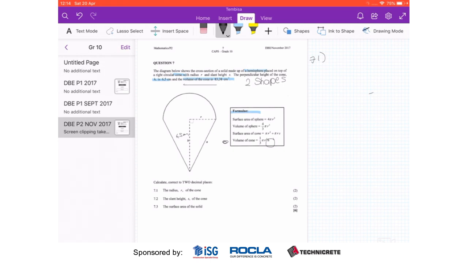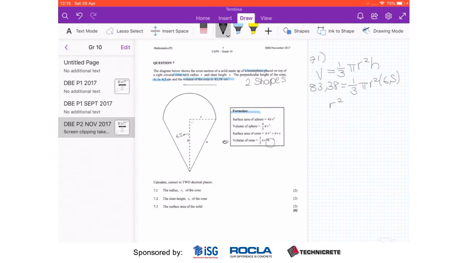So let's say volume is equal to 1 over 3 pi r squared height. My volume is 83.38, and the height is 6.5. We're going to change and find for r squared.